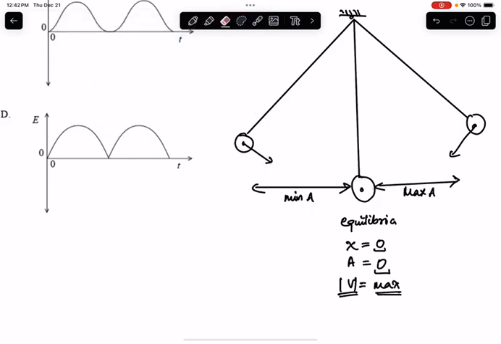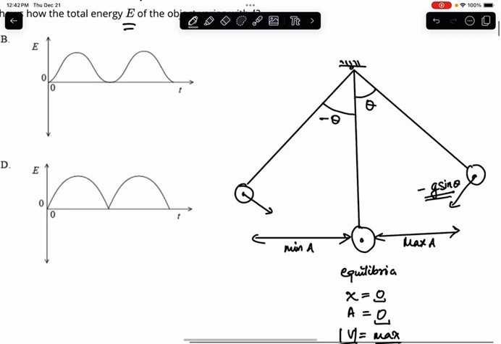So we have seen that the net force acting on the pendulum is given by this formula: negative g sine of theta. Over here, the force is negative because you're going in the negative x direction.